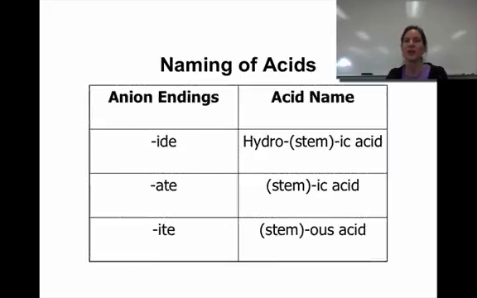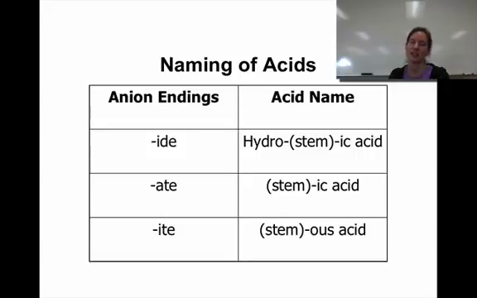So let's review naming acids. Way back when we did naming, we learned how to name acids, and we haven't done it since November. They were the endings "ic" and "us." If you name your ionic compound and it normally ends with "ide," if it's an acid, it will be hydro-something-ic acid.